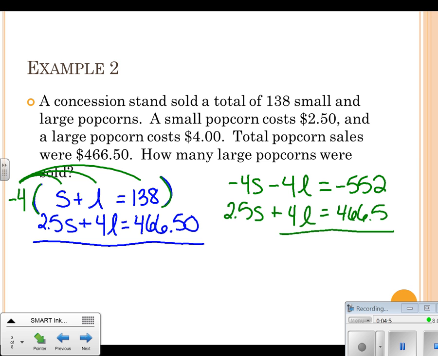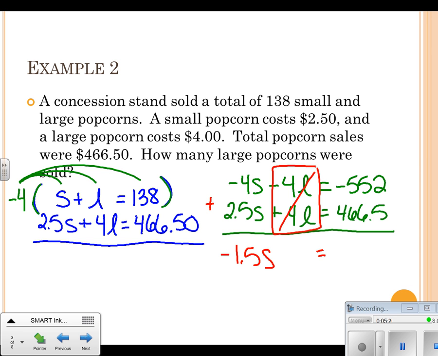So what we see happens now is I created opposites right here by multiplying that negative 4 to every term in the top equation. So I'm going to add these two equations. Negative 4s plus 2.5s gives us negative 1.5s. Negative 4l plus 4l is 0, so that's eliminated.